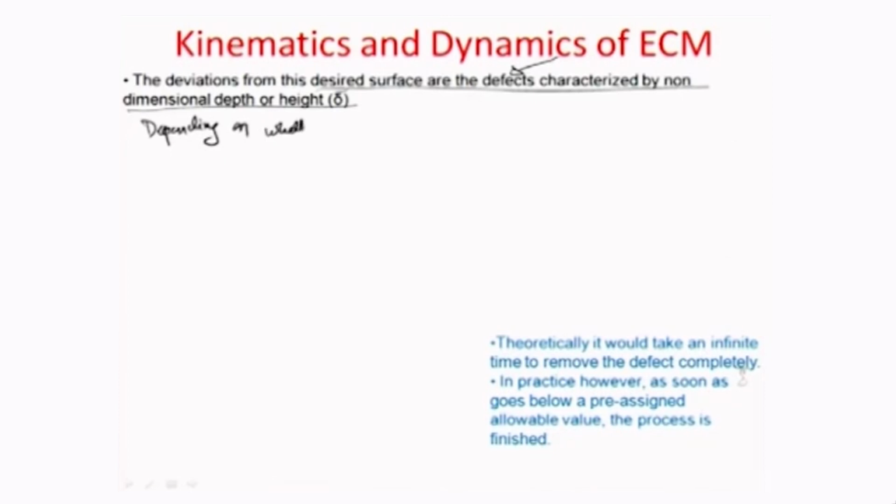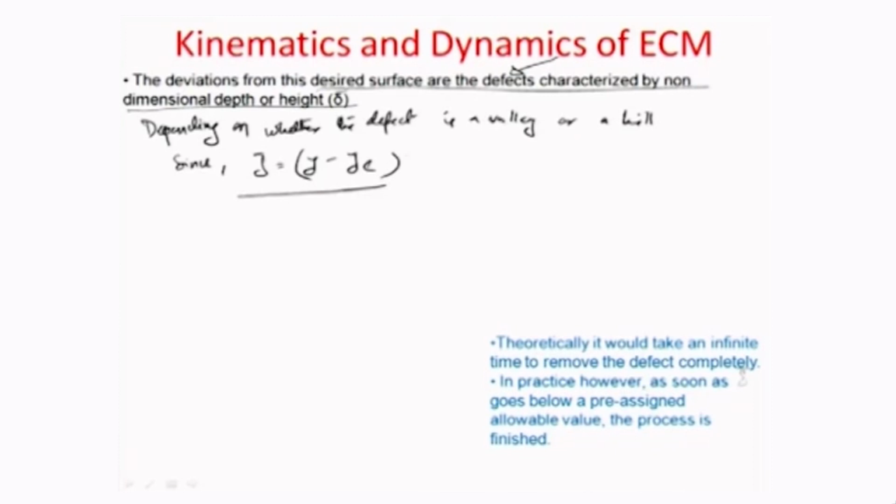whether the defect is a valley or a hill, since delta dash equals y minus the equilibrium gap. Let us say eventually the gap which would come is YE, and delta is really how much above the equilibrium gap this is, if you assume that the surfaces become even at equilibrium.